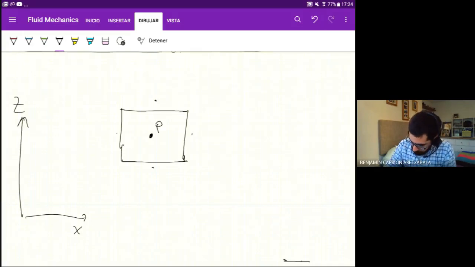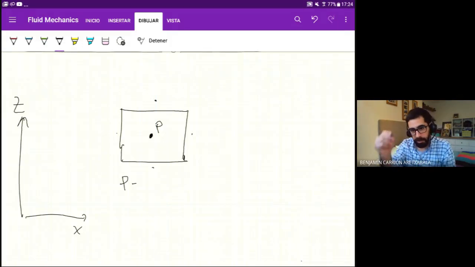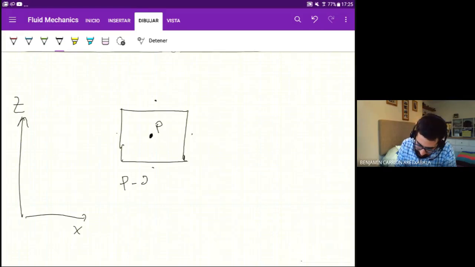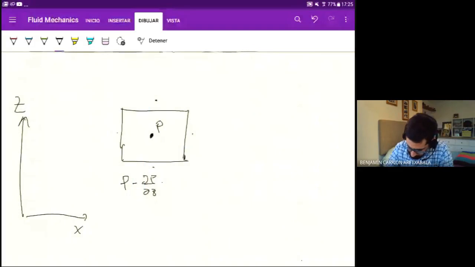So the value here is going to be P. It's going to be P minus the derivative of P with respect to the vertical, so that's dP/dz, times the distance between this point and this point.